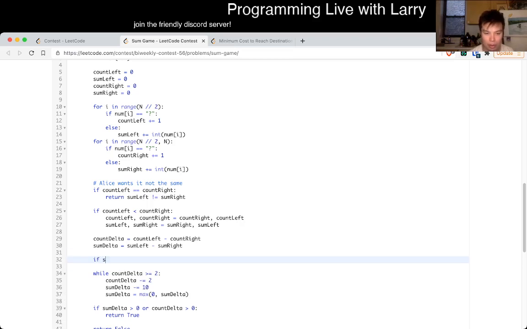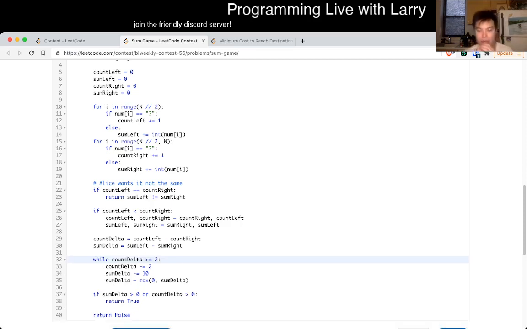If sum delta is negative, so if this is negative, what happens? That means that we can go over because it's our turn.